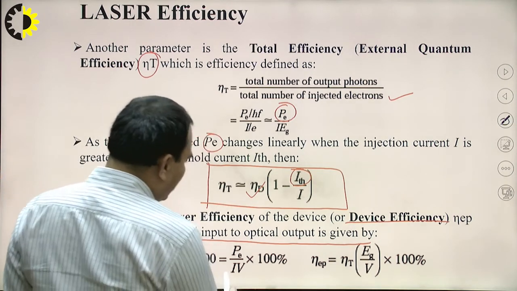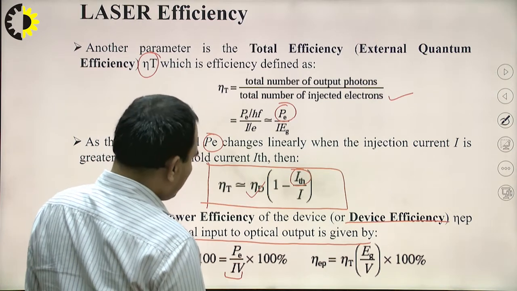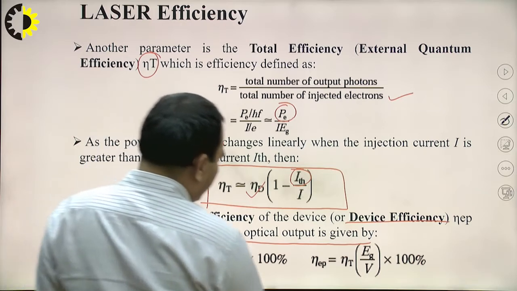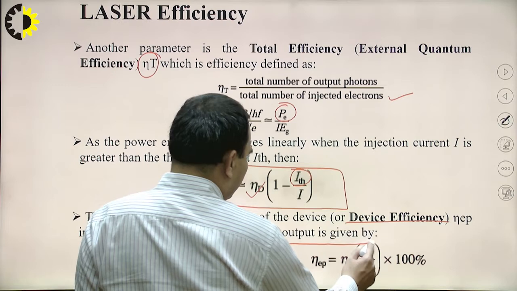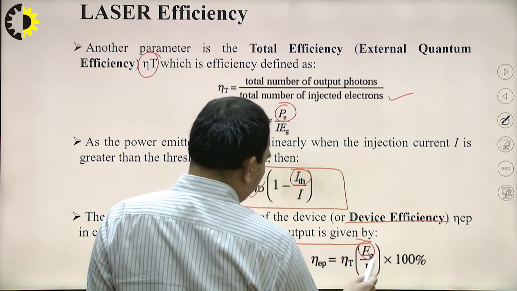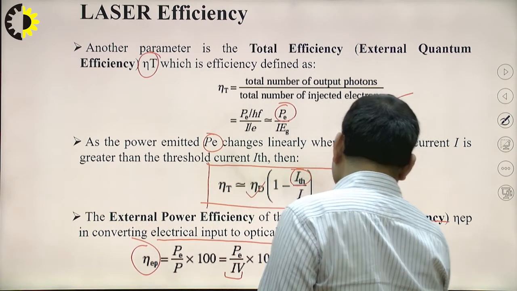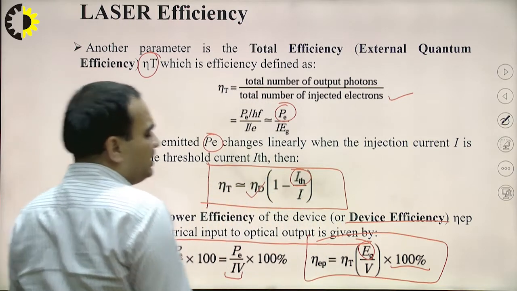We know that the power can be calculated as I into V, so Pe by IV into 100. It can be further reduced, since Pe by I is nothing but Eg, the band gap, to eta t times Eg by V into 100. So we have expressed the device efficiency in terms of the total efficiency, eta t Eg by V into 100.